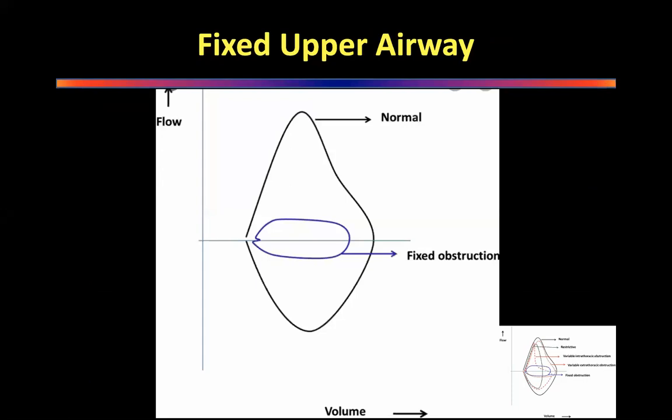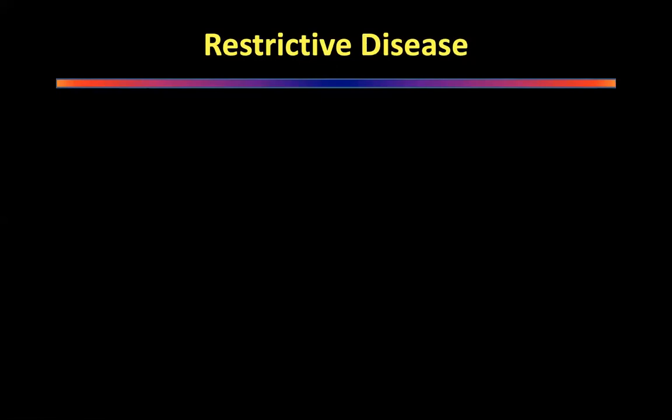So you get this diagram. This is normal, but you get a complete plateau of the tip and then a complete plateau of the tip in inspiration and expiration. And this is classic of fixed upper airway obstruction. Okay. So draw this diagram, everybody. So this is a fixed upper airway obstruction.